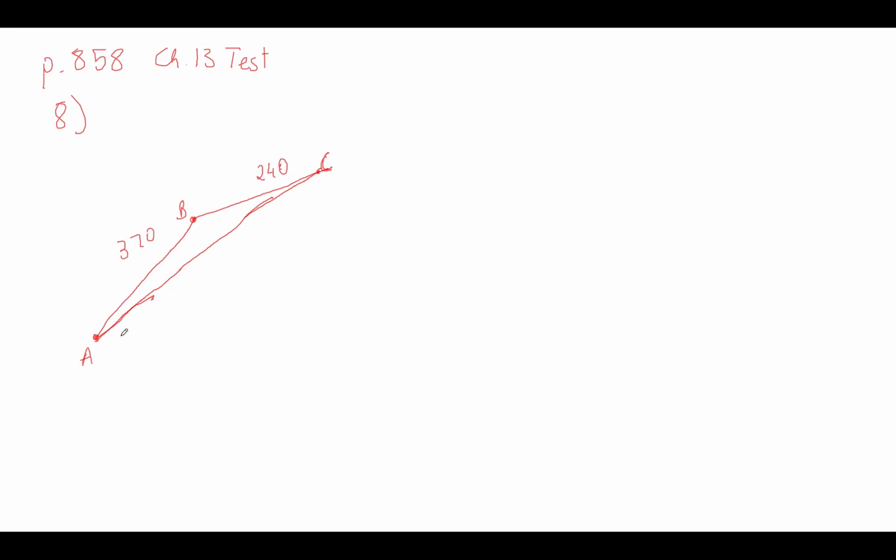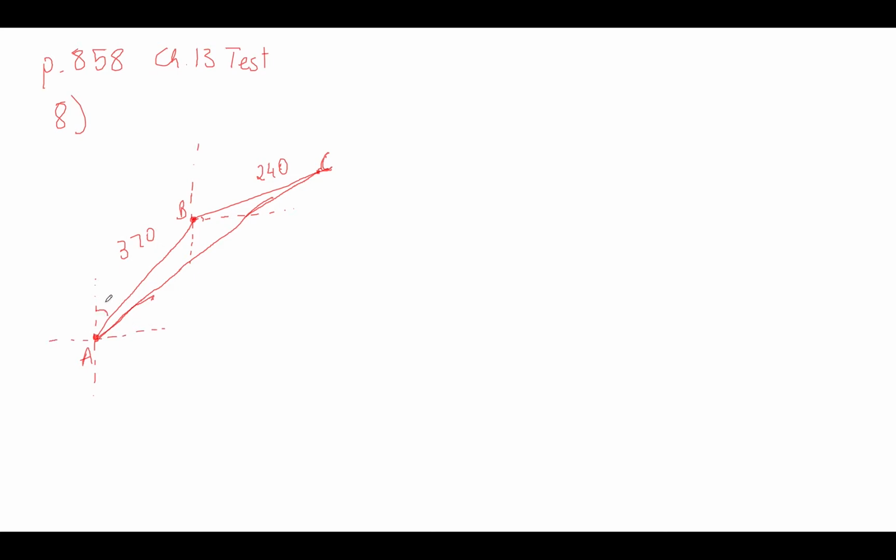What I'm going to do now is figure out some angles inside this triangle. Right now I have two sides. It would help if I figure out what angle B is, because then I can use the law of cosines. I have two sides and the included angle, and I can get its opposite side. So let's try breaking up this diagram a little bit. I'm going to draw a parallel of vertical and horizontal line from both of these points.